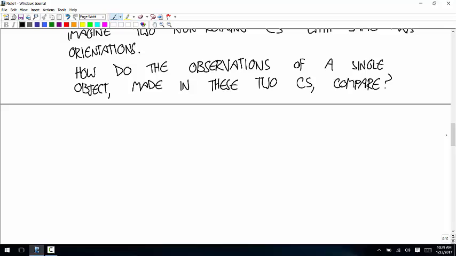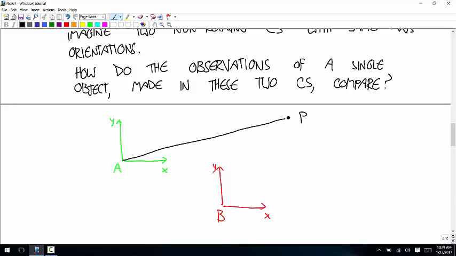So let's say that we have a coordinate system A, and a coordinate system B, and both of these are being used to observe a point P, a particle P. Well, let's think about free vectors.